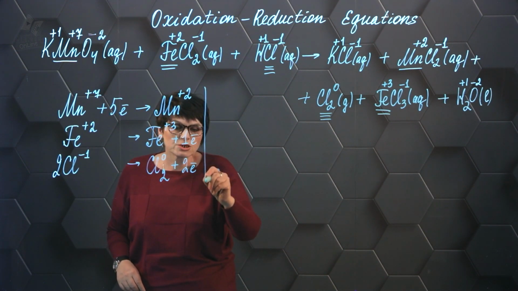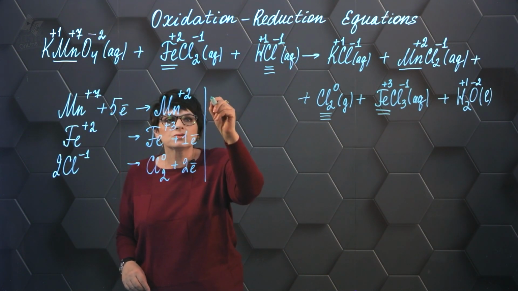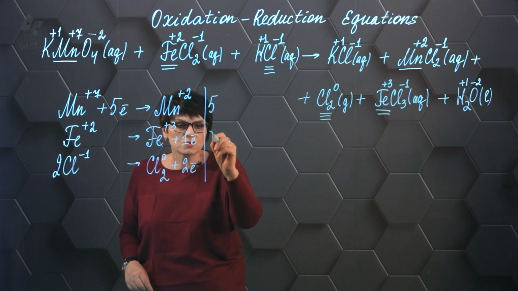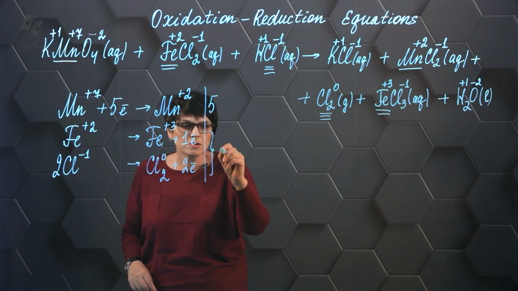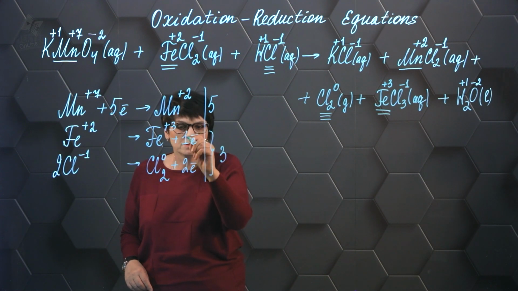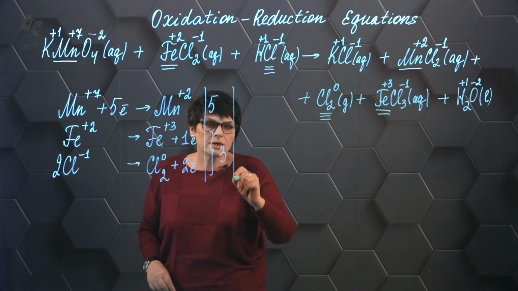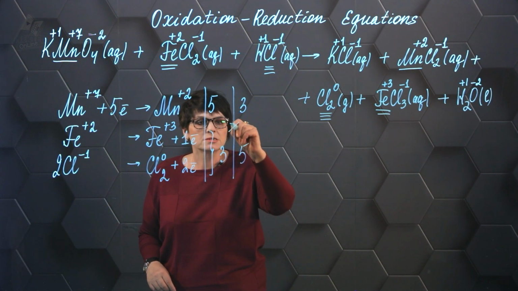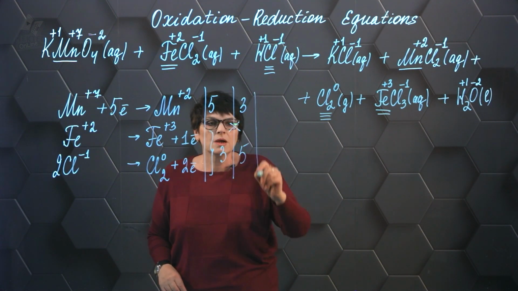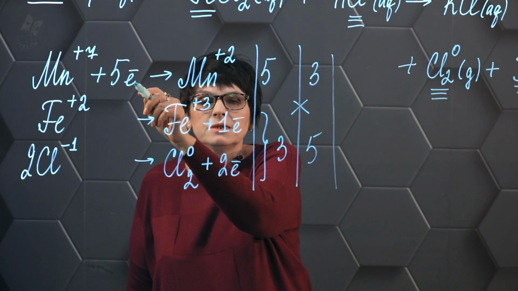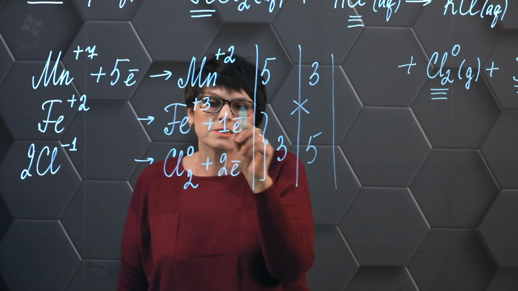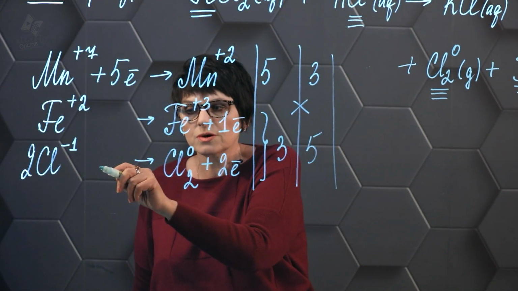What do we do next? The electrons that are accepted are 5. The electrons that are given back add up to 3, 1 + 2. Next, 3 and 5 are crossed over. Manganese is reduced, oxidizing agent; iron oxidizes, chlorine oxidizes, reducing agents.